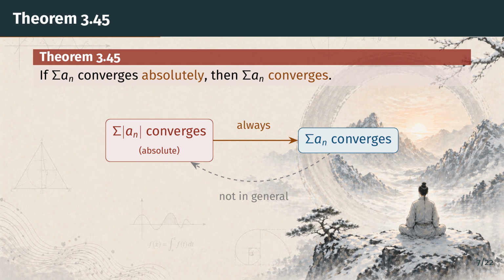The solid orange arrow on top points from absolute convergence to convergence, because that implication always holds. The faint dashed arrow curving back the other way is labeled not in general, because the reverse fails. The alternating harmonic series converges without converging absolutely. So absolute convergence is the genuinely stronger condition. Let's prove the solid arrow.